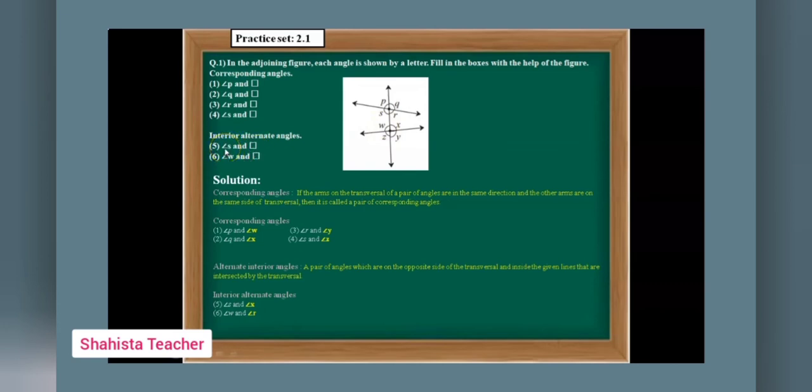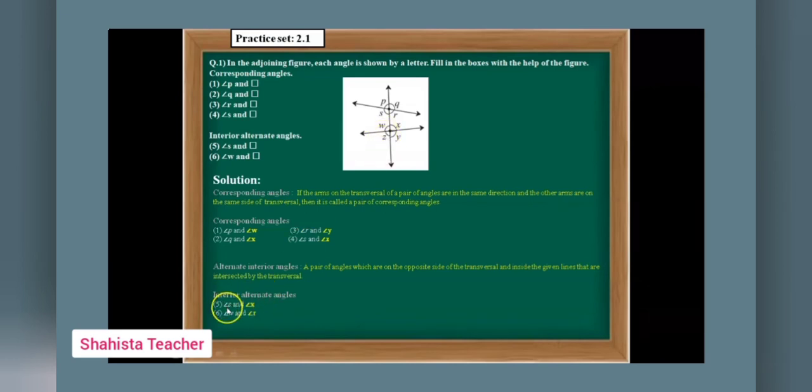So first angle S. Here we will write for interior angle S, the alternate interior angle is angle X. And for W, the interior alternate angle is angle R. Is that clear?